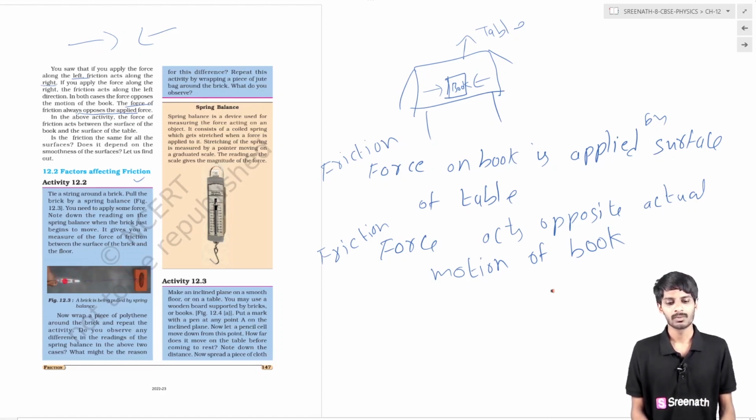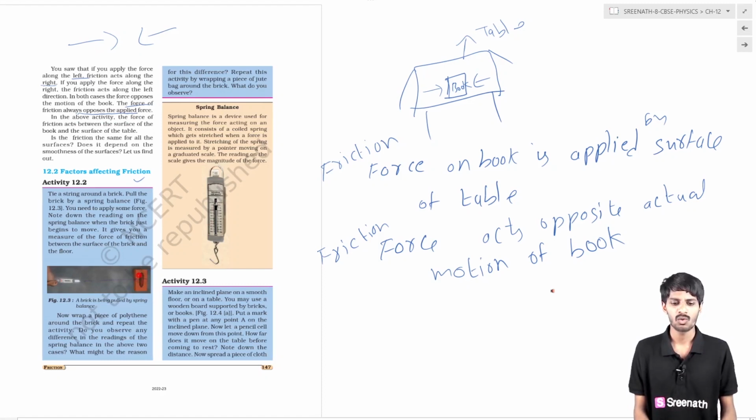The force you apply while pulling the brick will be measured by the spring balance, because the spring balance has springs inside it, which measure how much force you are exerting in pulling the brick.